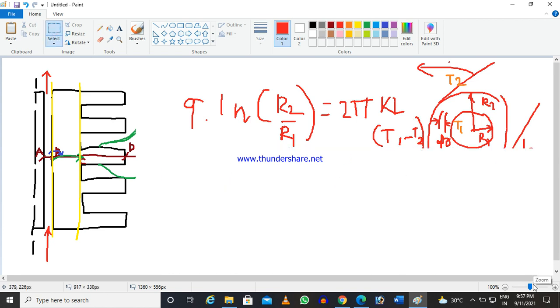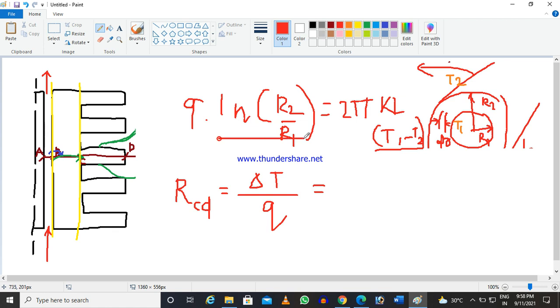Now what we already learned, the thermal resistance due to conduction, I am giving the name, which is del T divided by Q. So here del T is this one. So del T by Q, that means T1 minus T2 by Q is nothing but this by this. Alright.